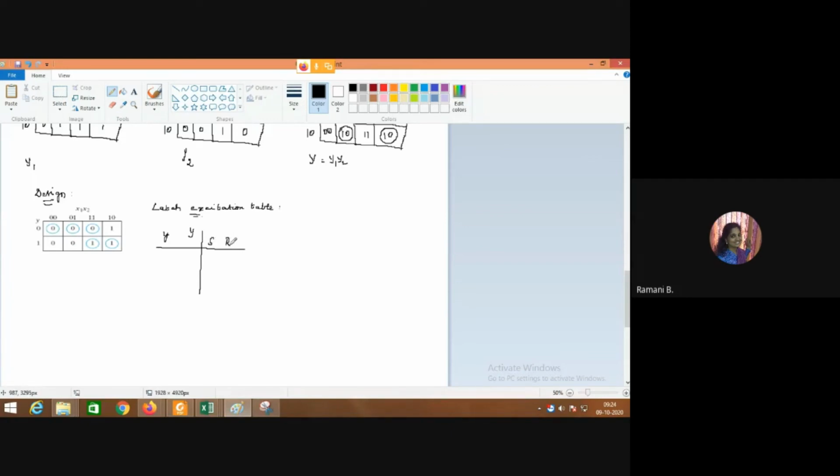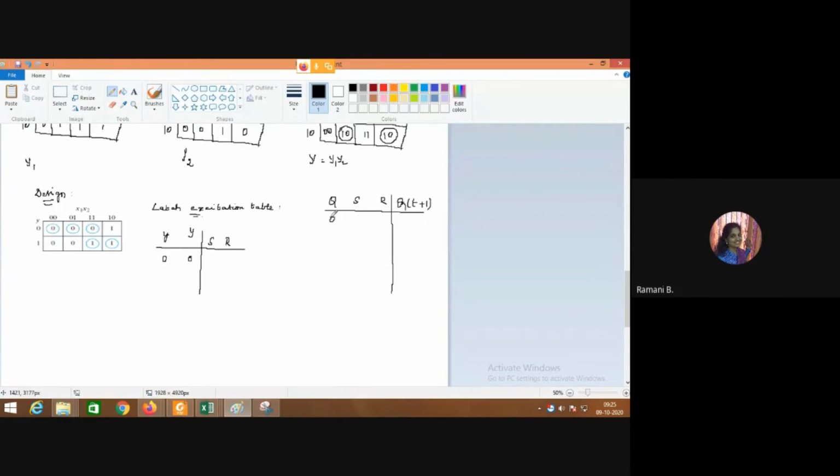Now we need to see the latch input values. For convenience let us write the truth table or the characteristic table of the SR latch, because you might not be knowing it by heart now.